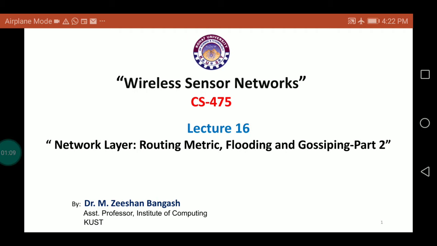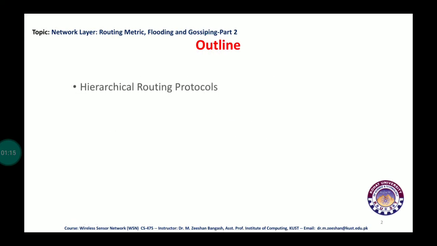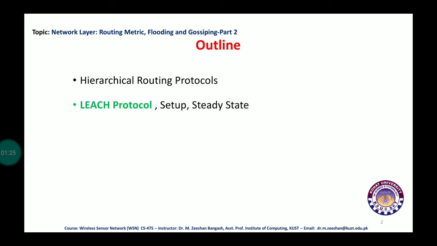and let's move to the agenda item for discussing some more protocols. The agenda for discussion will continue from the hierarchical routing protocol, which we were discussing in part 1 of our topic, and then we will discuss another hierarchical protocol, which is the LEACH protocol.